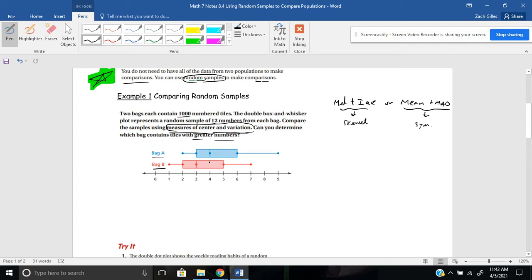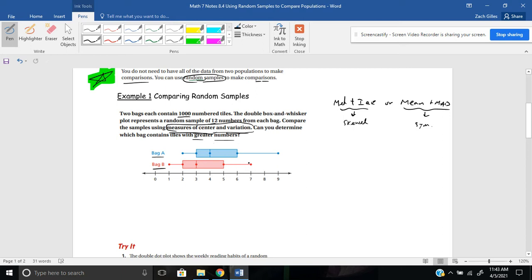So looking at this, I'm seeing that my median is not in the middle of my box here, and this whisker right here is also longer. Looks like it's a similar case here. My median is not exactly in the center of my box, and my right whisker is bigger.